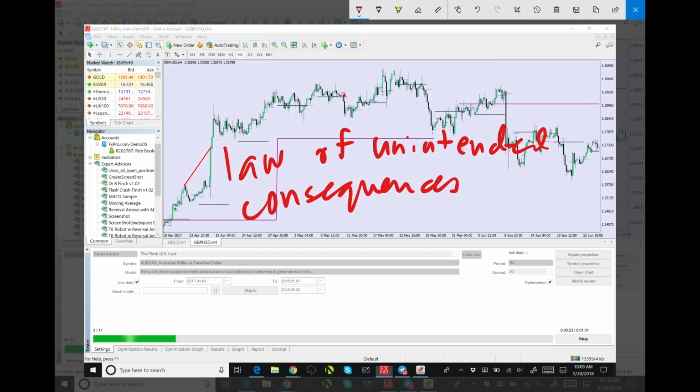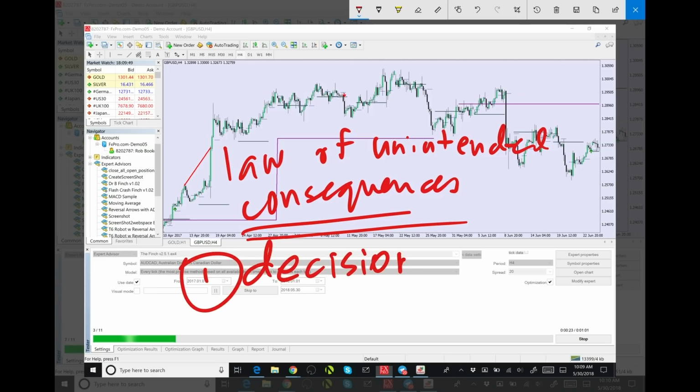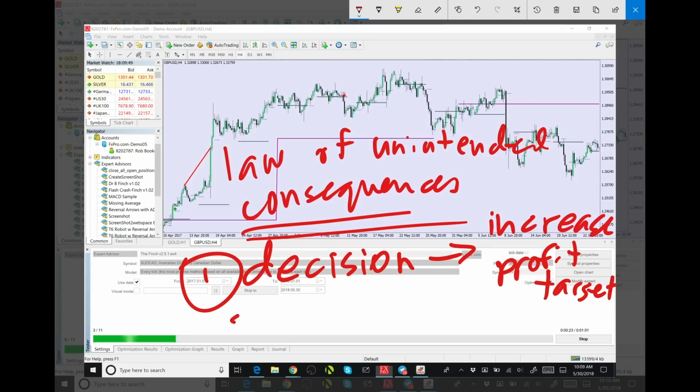And what this means is every single time you make one decision, like increasing the profit target, you're going to have a consequence.